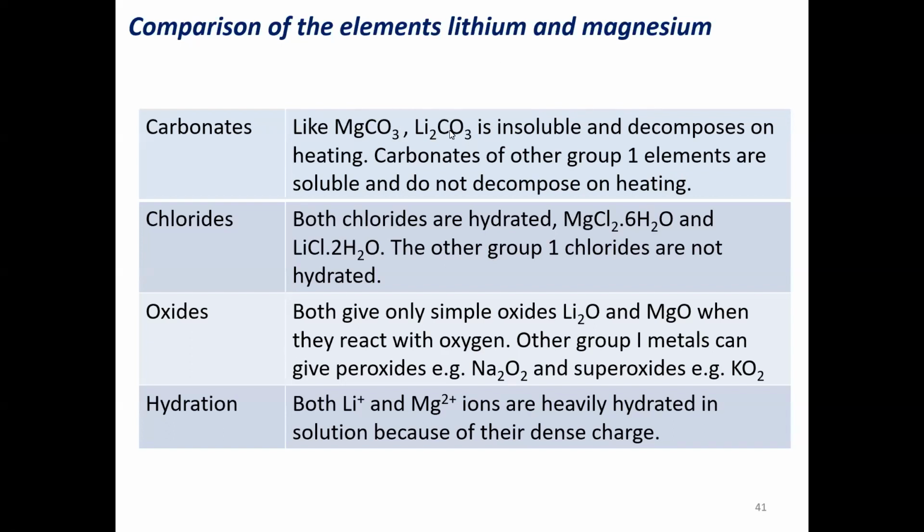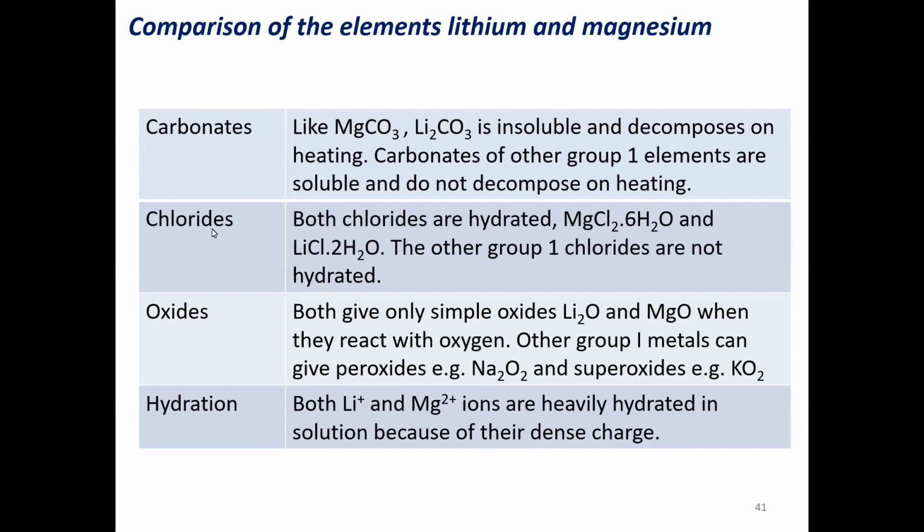Because the carbonate of lithium decomposes easily, just like the carbonate of magnesium, this shows that they exhibit diagonal relationship because of their size. Both of them have small size and high charge.